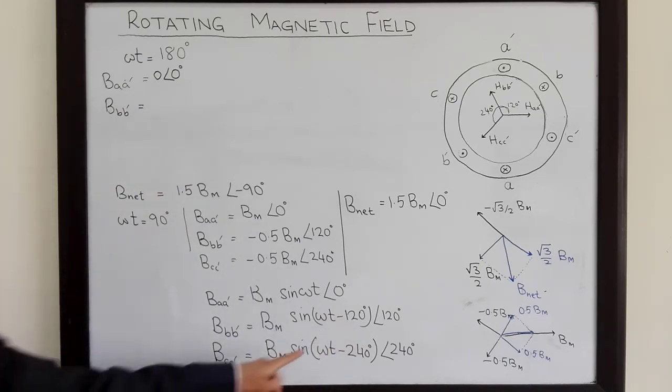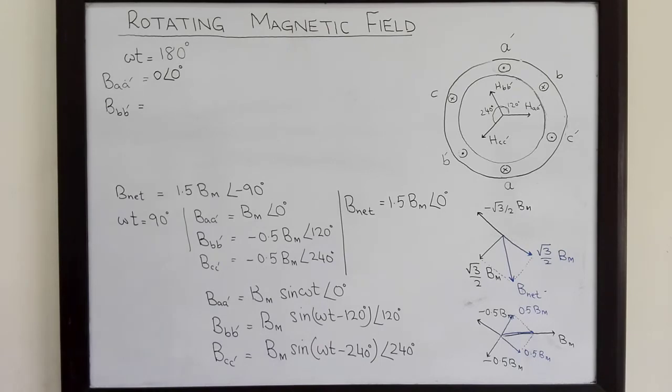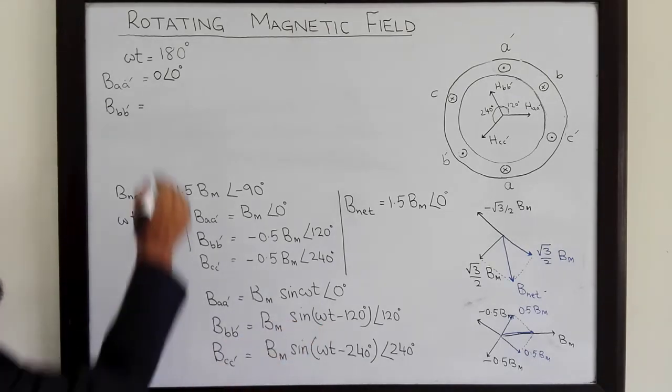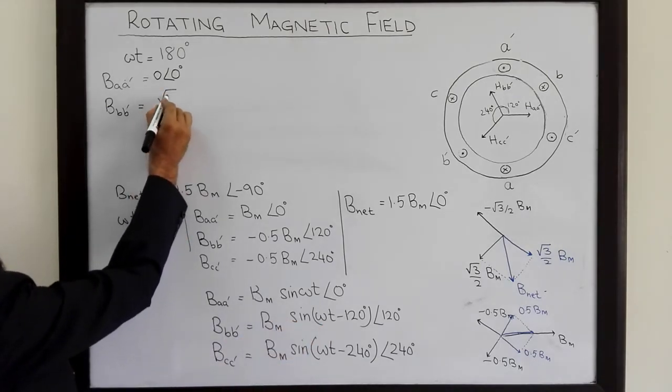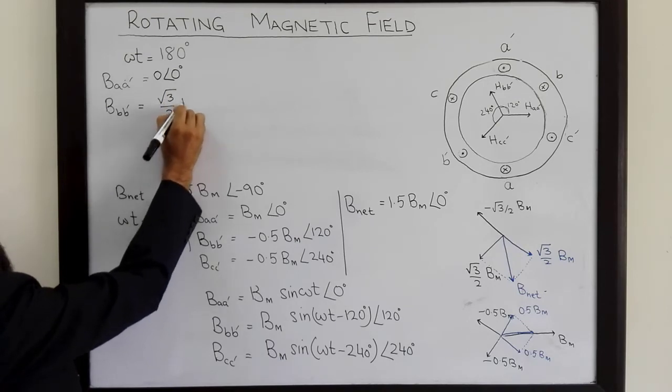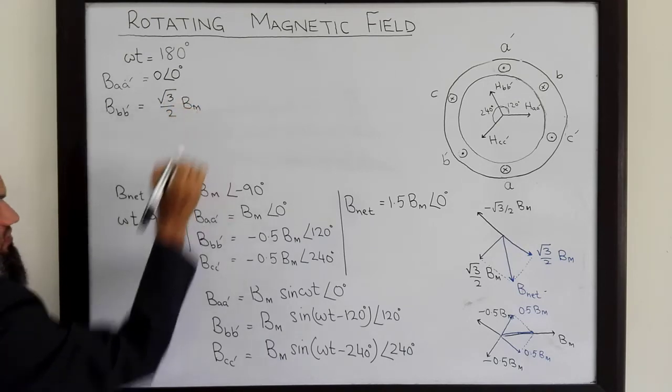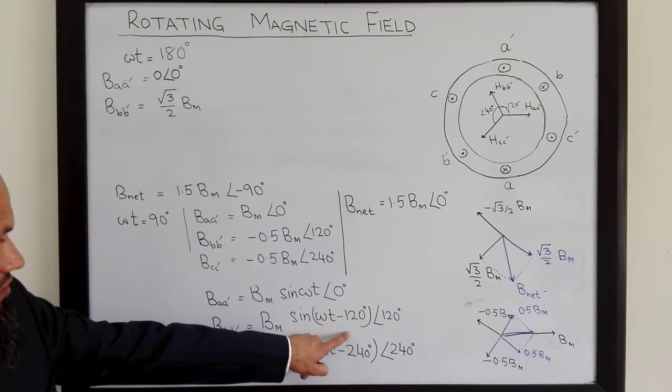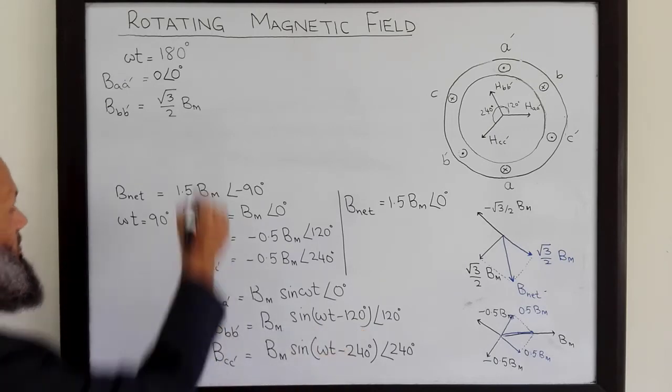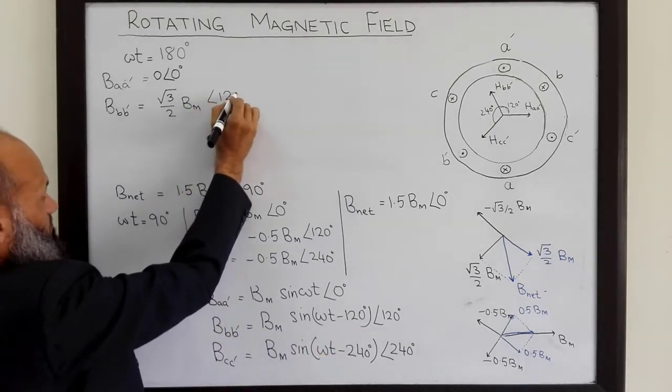What is that? Sine of 60 degrees, and sine of 60 degrees is square root of 3 by 2 Bm, angle 120 degrees.